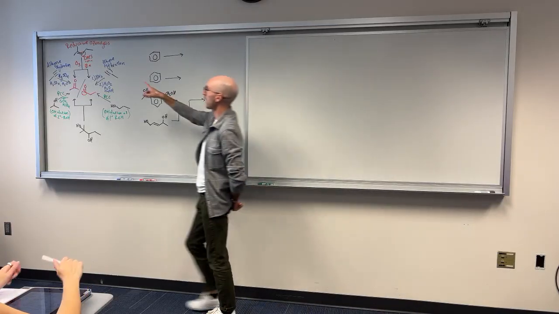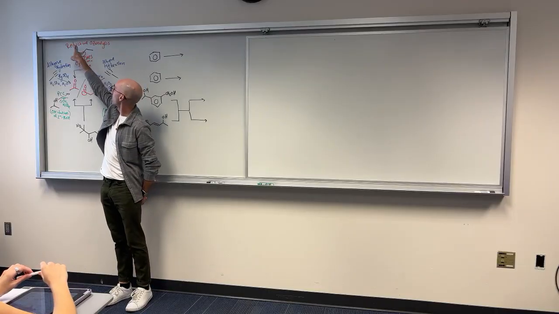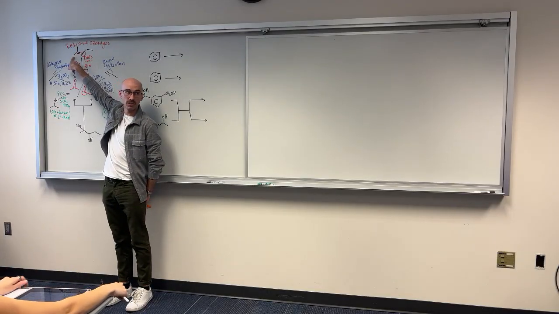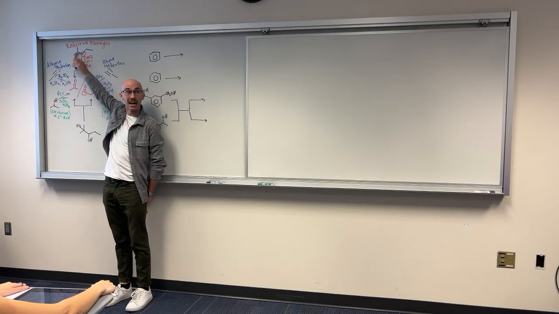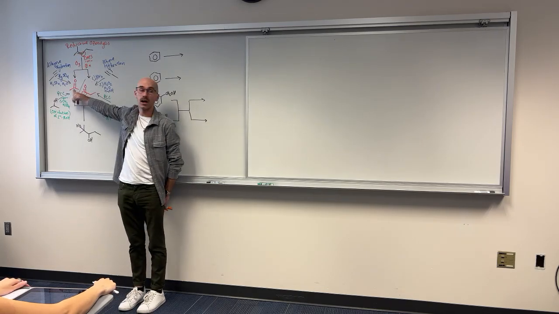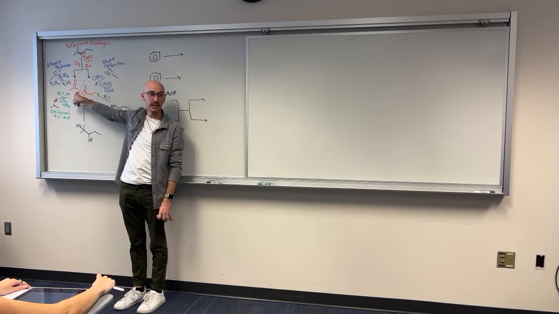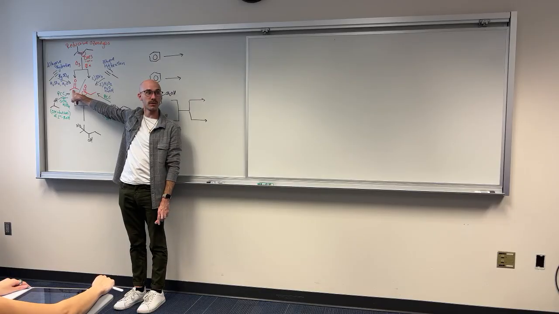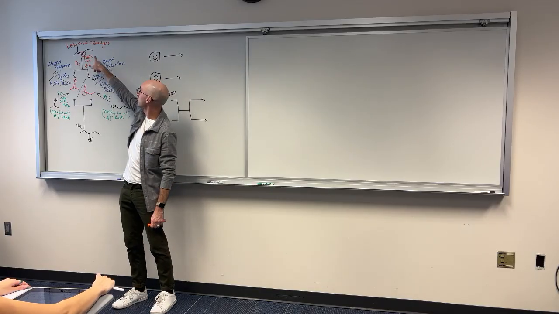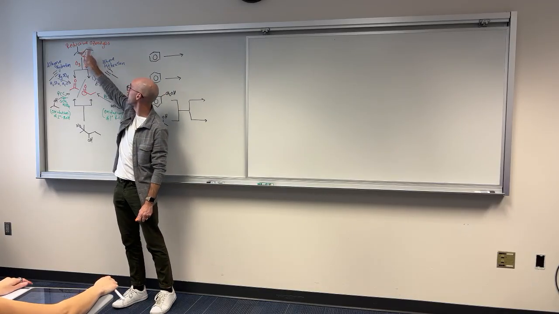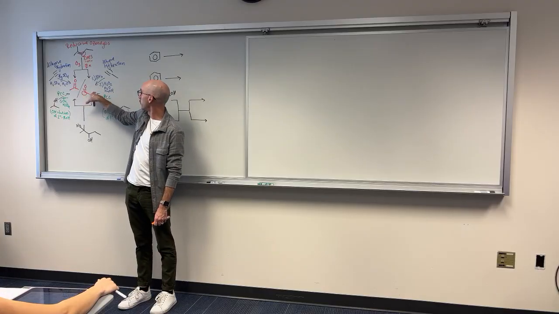So, on the left-hand side, I have a 1, 2, 3 carbon chain. The carbon of the alkene is the carbon of the carbonyl. 1, 2, 3, the carbon of the carbonyl came from the carbon of the alkene. On the right-hand side, I've got this 1, 2, 3 carbon chain.